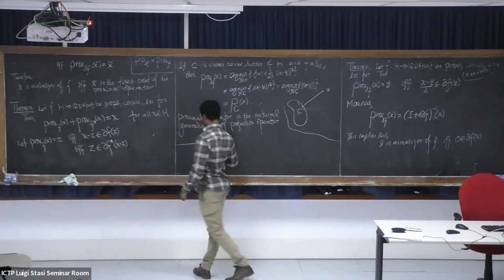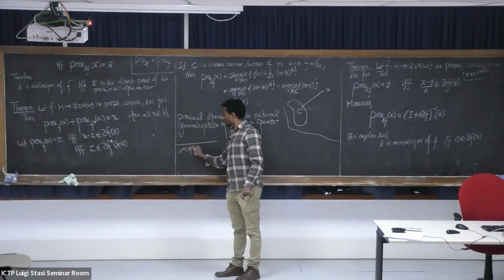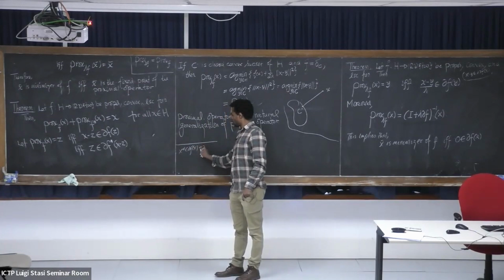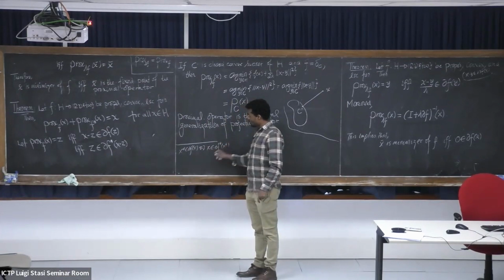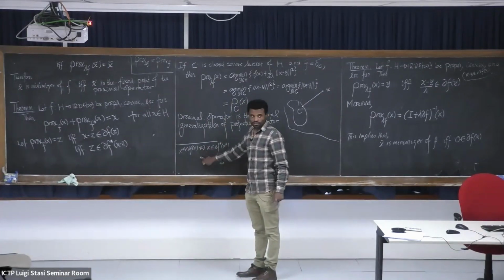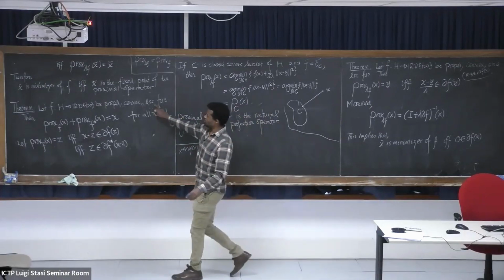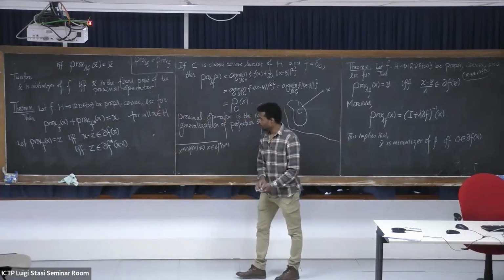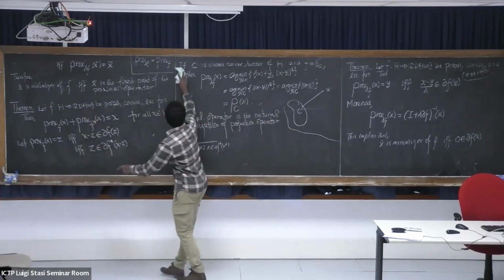X star in the dual space is in the subdifferential of f at x if and only if x is an element of the subdifferential of f star at x star, provided that f is lower semi-continuous and the space is reflexive. A Hilbert space is reflexive, and we have lower semi-continuity, so due to this we can connect it here.